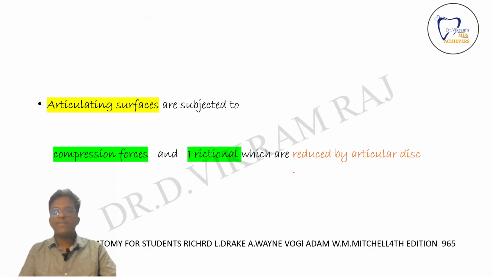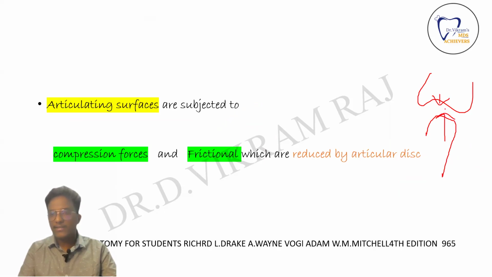In the temporomandibular joint, the glenoid fossa and the condyle are subject to many kinds of frictional and compressive forces. How are these counterbalanced? If these frictional and compressive forces act for a longer period of time, it would definitely cause attrition of the joints.